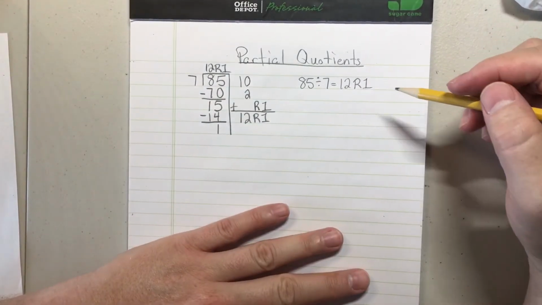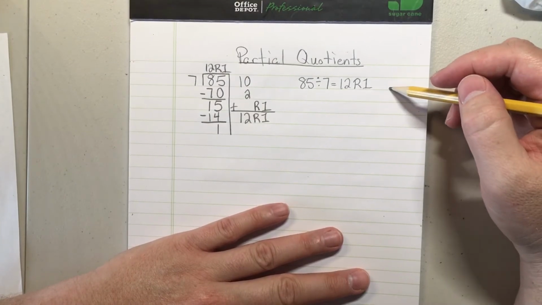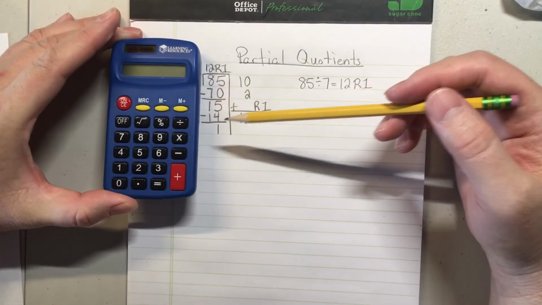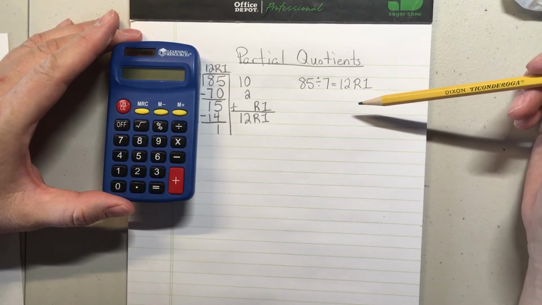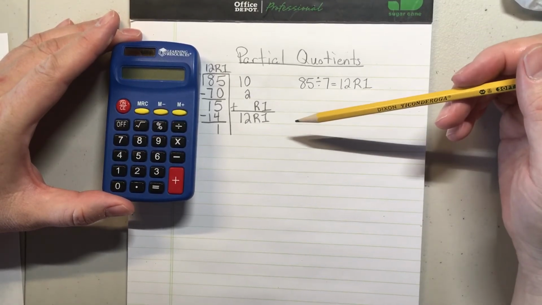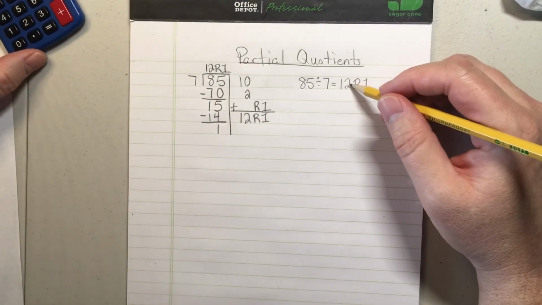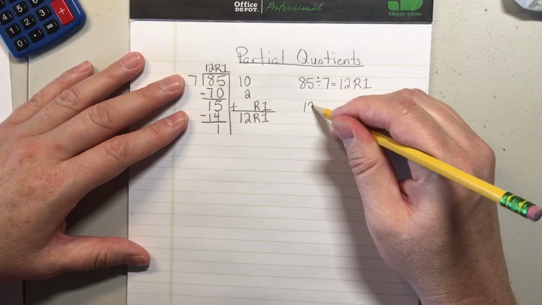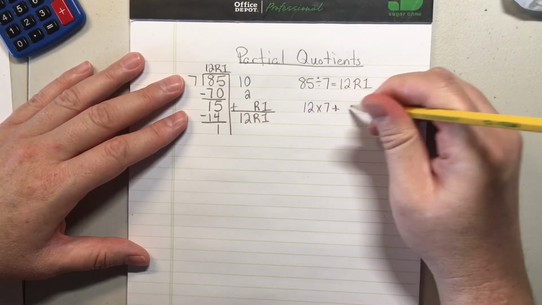Now, how do we check that to make sure that it's correct, especially if we don't have a calculator that will show us the remainder, and only shows it as a decimal? This is what you do. You're going to multiply 12 times 7 plus 1.